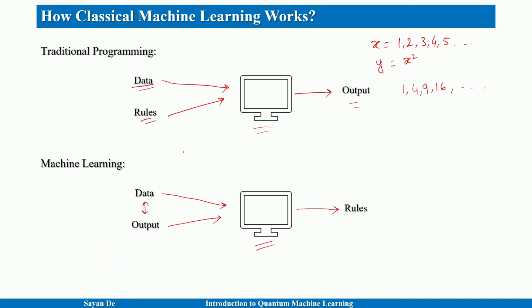Am I clear? So in classical machine learning, we are providing data and the corresponding output, and we are asking these ML models to predict the rules.